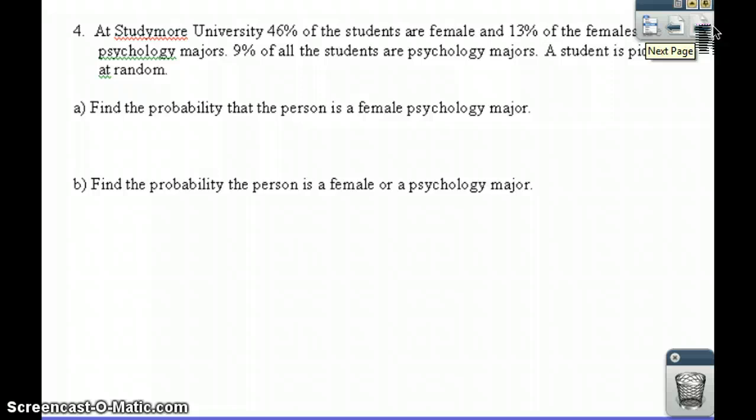Okay, at Study More University, 46% of the students are female, 13% of the females are psychology majors, 9% of all students are psychology majors, and a student is picked at random. Find the probability that it is a female psychology major. Now, this is like saying they're female and they're a psychology major.